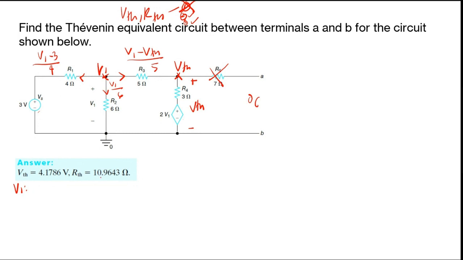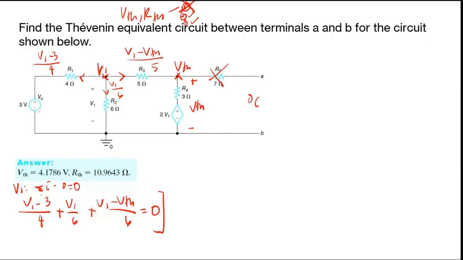All are leaving the node, so the sum of the currents is equal to 0. Just sum everything, then equal to 0.